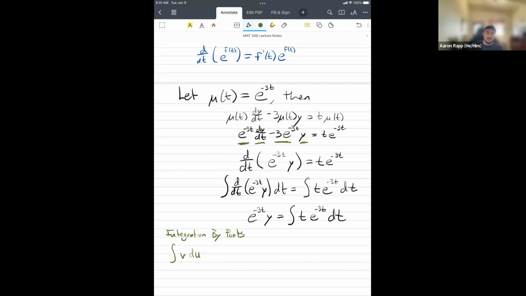But if I'm integrating v times du, so function v integrating with respect to u, I can rewrite that integral as v times u minus the integral of u times dv.